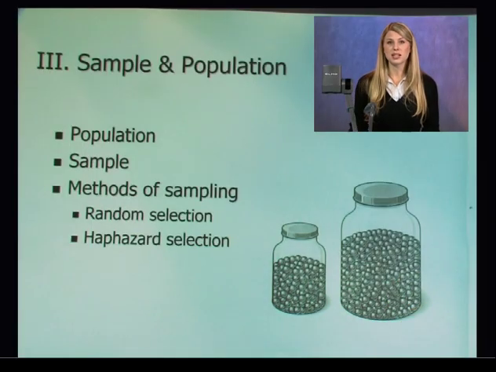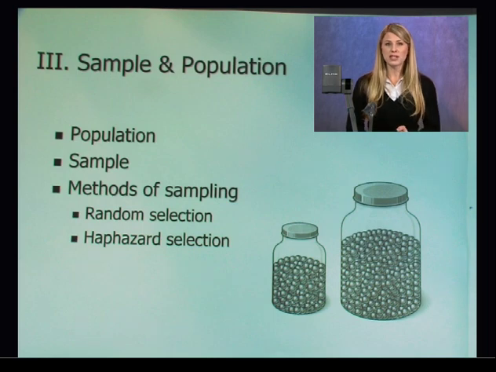Of course, it would take way too much time and money to interview or question everyone who would vote. So we draw samples and we draw conclusions about the population based on those samples. The population is whoever you're interested in, and the sample is the group that you actually collect data from. And that data is what you use to infer, or use inferential statistics, to draw conclusions about the population.